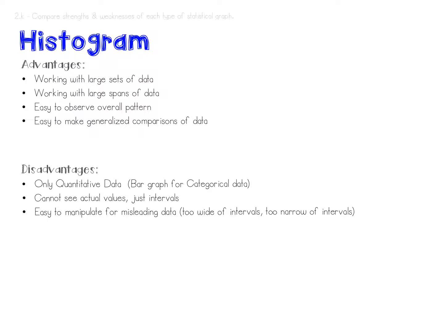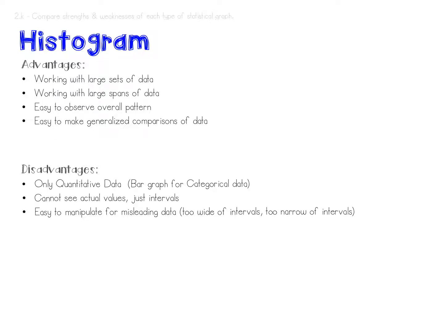The disadvantages of a histogram is that it's only for quantitative data. So remember, we use a bar graph for categorical data and a histogram for quantitative data. And just a reminder, when I'm using that bar graph, there's spaces between the bars, and for the histogram with that quantitative data, the bars touch. I can't see actual values, just intervals.